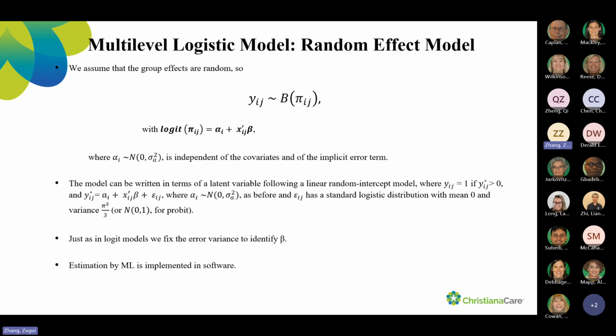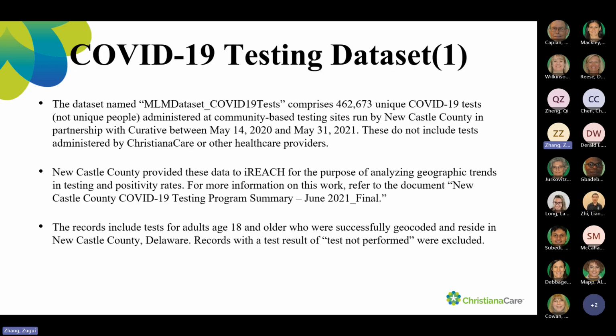So in this case, we will consider the impact of the hierarchical structure. Now we are going to talk about another data set from our previous studies. We use the COVID-19 testing data set. This data set consists of more than 406,000 COVID-19 tests.